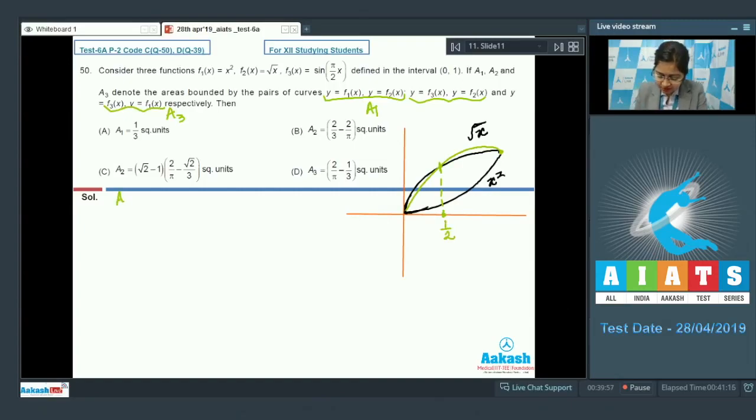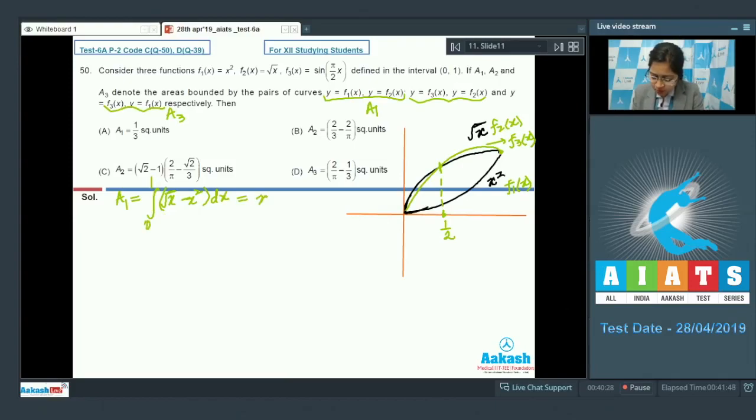Now let us firstly find the value of A1, that is the area between y equal to f1(x) and the others. This is f1(x), and this is f2(x), and this one is f3(x). So A1 will be the simple one, that is the integral of root x minus x square dx from 0 to 1.